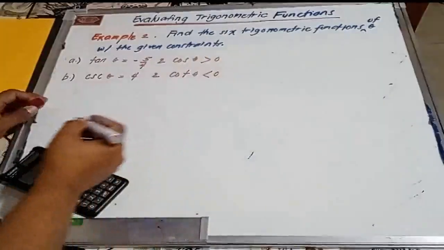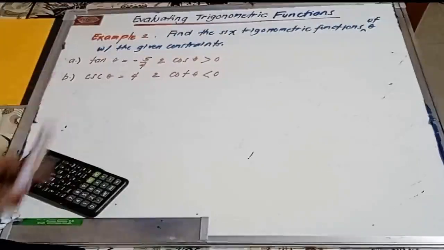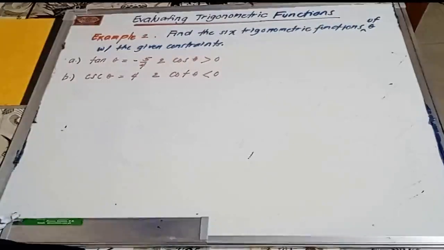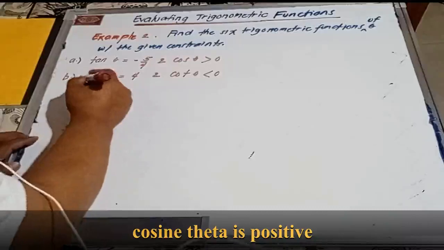Okay, so we're going to answer letter A. So, ito yung ating constraints, ano? Si tangent theta, negative 5 over 4, at si cosine theta is positive.